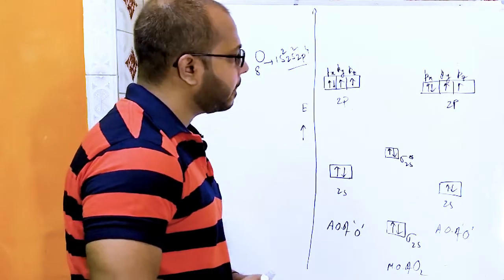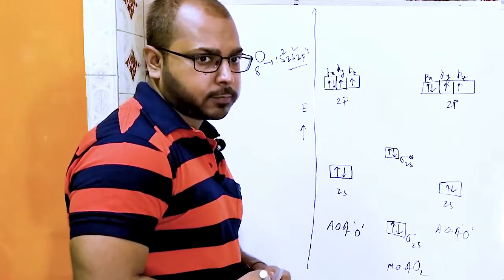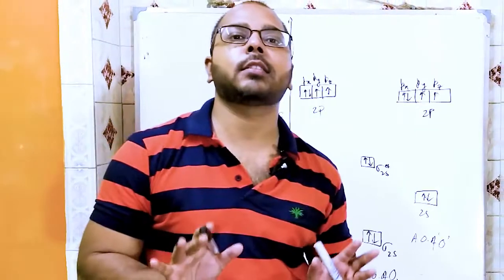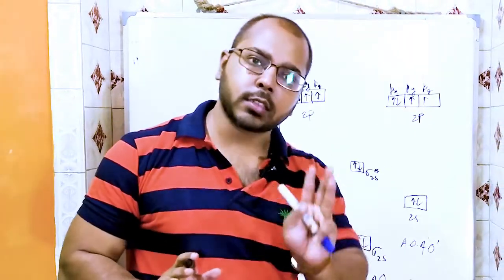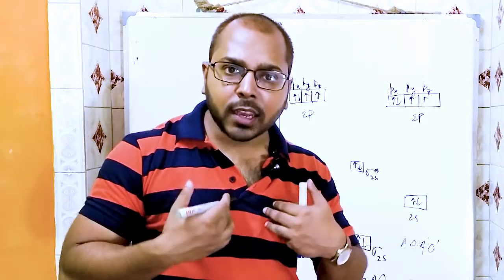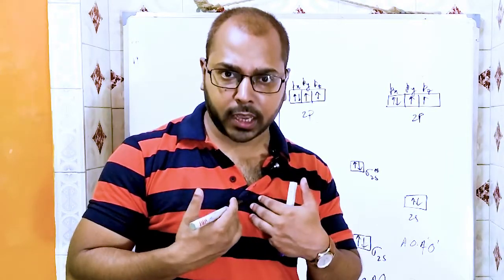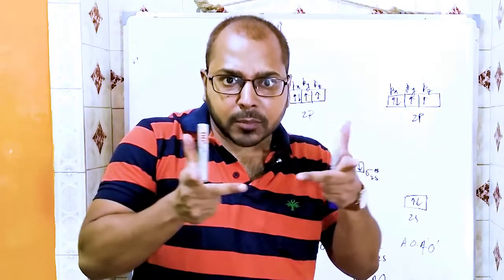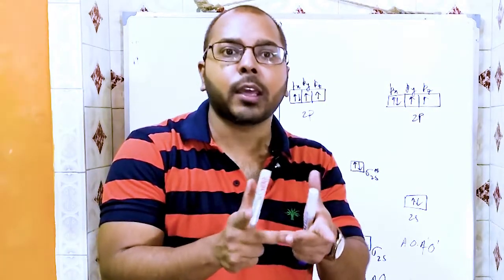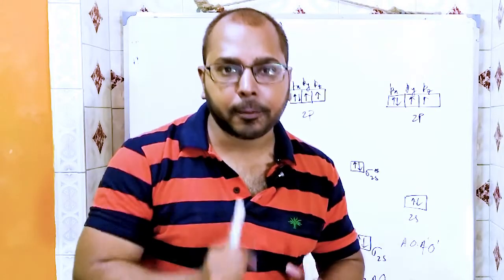Okay. Now come to this part. I am considering the x-axis as the bonding axis. You can consider y also, you can consider z also. If I am considering the x-axis as the bonding axis, then px will form sigma, and the remaining two, py and pz, will form pi.